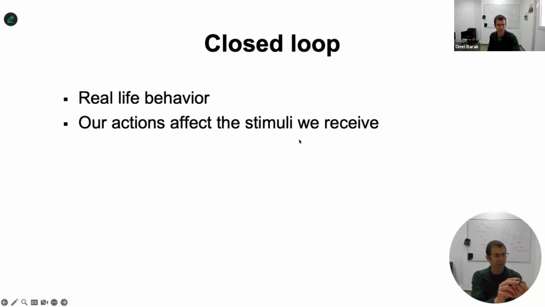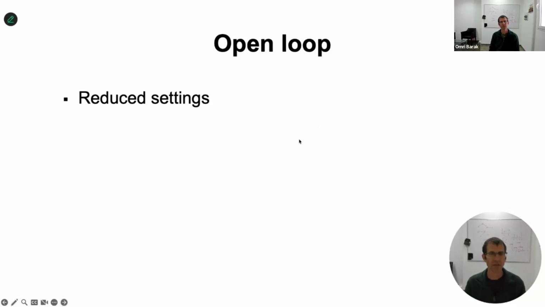But actually, this is not really an open loop because my action changed where my hand is, and that changed the visual stimulus I receive again. And more generally, in real life, usually the motor output I do affects the input I receive. This is very different from what happens in many laboratory settings where we have a reduced open loop scenario.